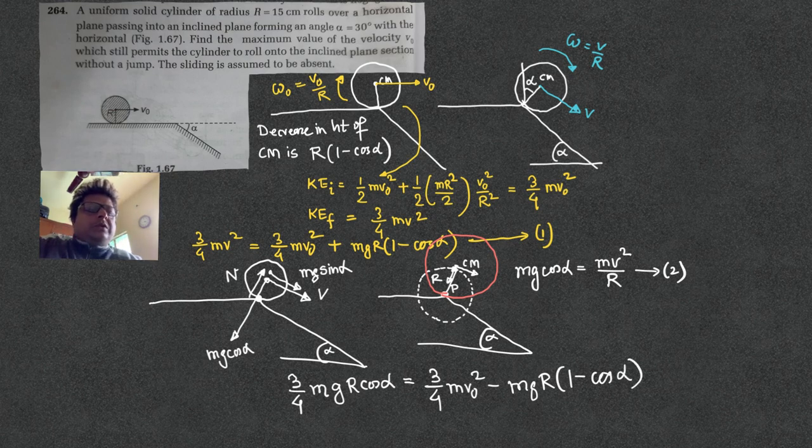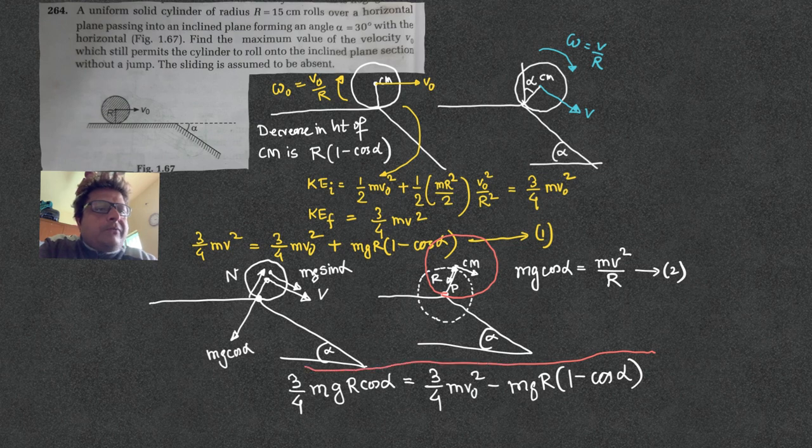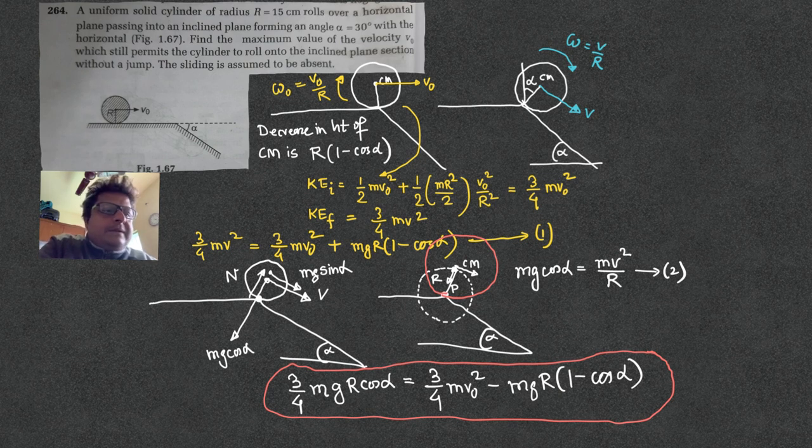Okay, so there you get 3/4. So I think from this part, this equation, from this latest equation, you can solve for v naught. That's it. Thank you.